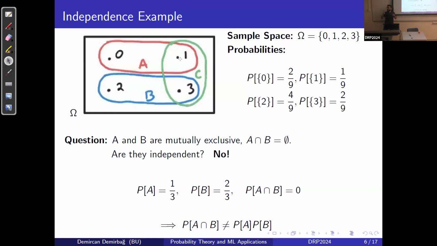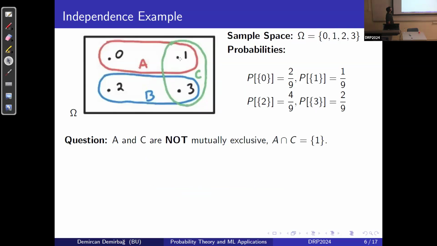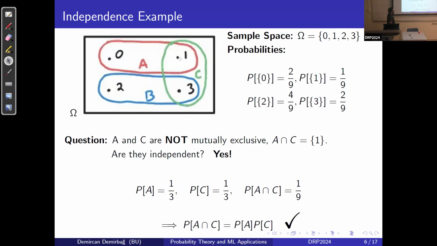So they are not independent, even though they are not intersecting. We see that A and C are intersecting. They are not mutually exclusive. Are they independent? Yes. If you do the math, you are going to find that they are indeed independent.